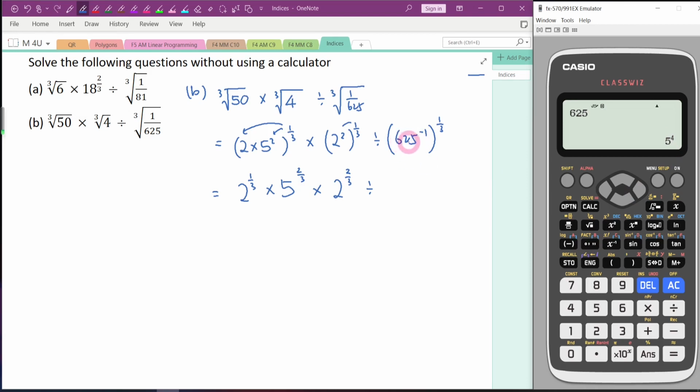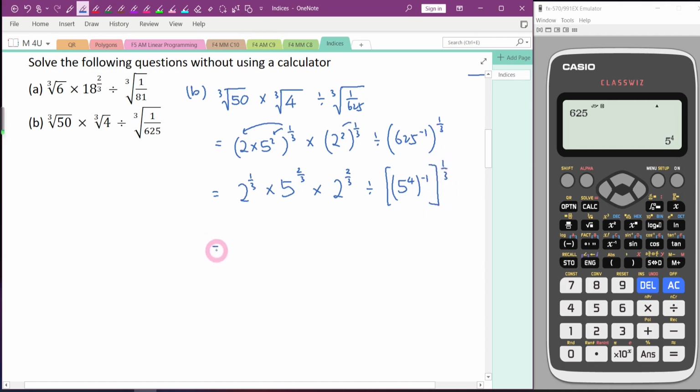Okay, I'm going to change the 625 to 5 power 4. And I have a power negative 1 over here. Or if you don't want, you can just multiply this one times this one. Let me write this one first. 625 is equal to 5 power 4. Negative 1, I just copy. And this power, I also copy.